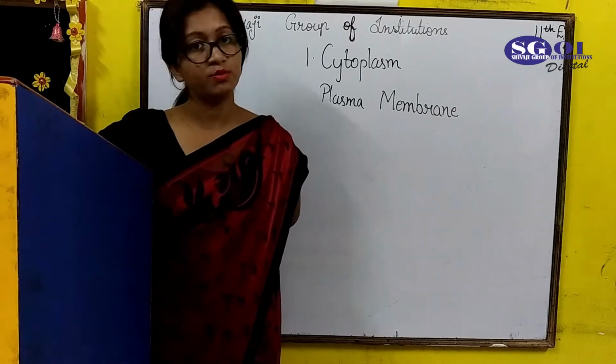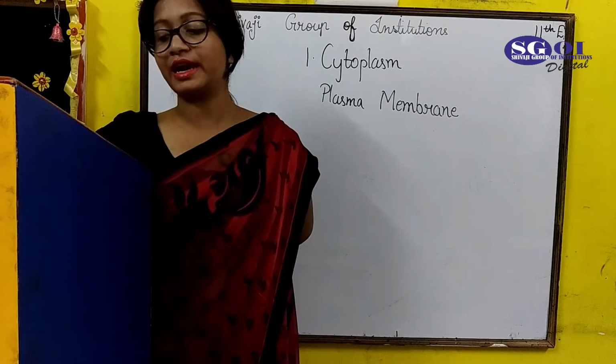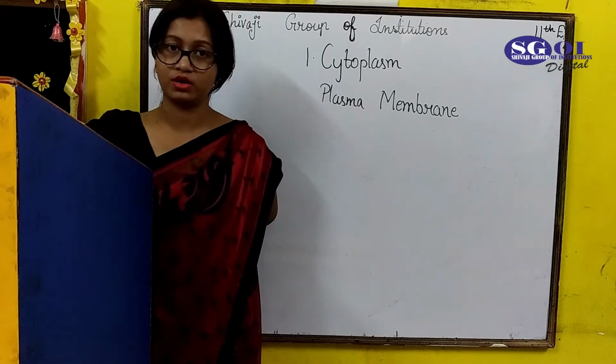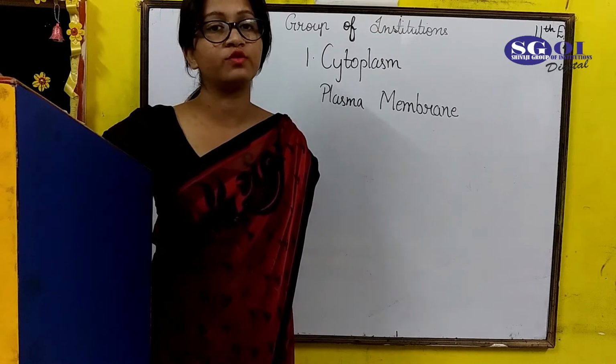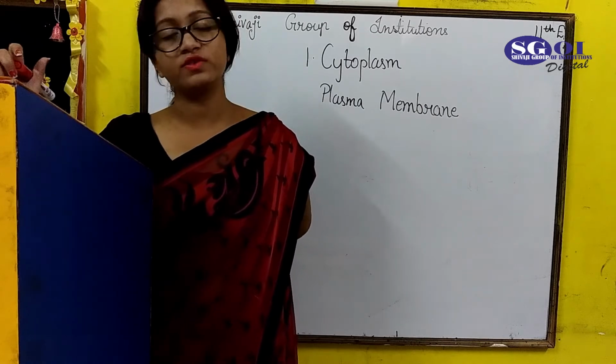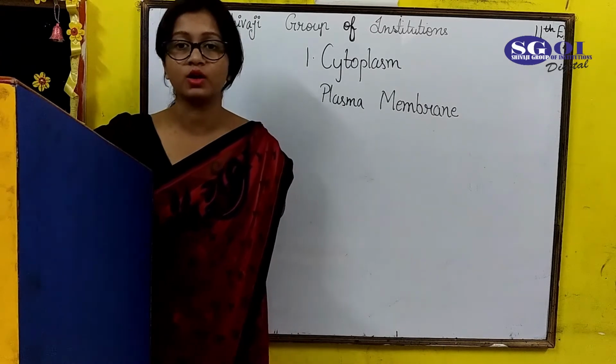After that came the third model, which is the most widely accepted and popular, the fluid mosaic model. You have to learn this model very carefully because it is the most important model. It was suggested by Singer and Nicholson.